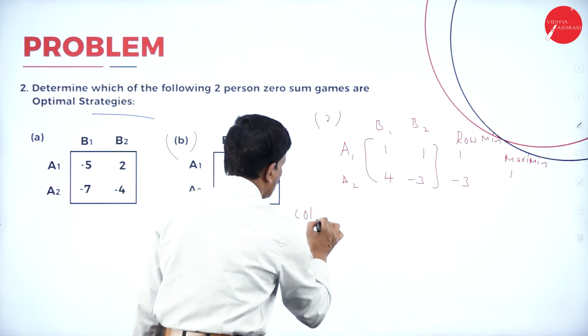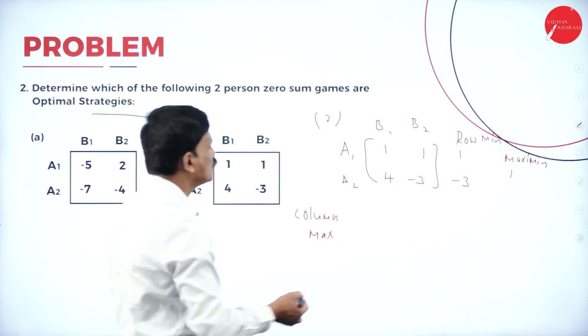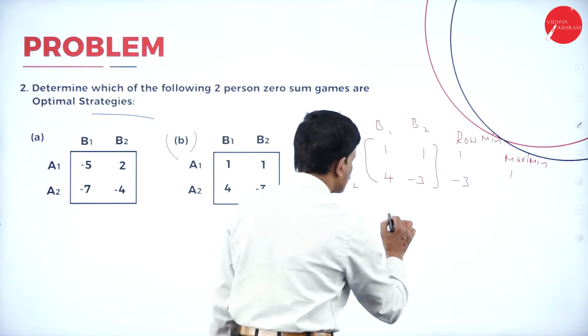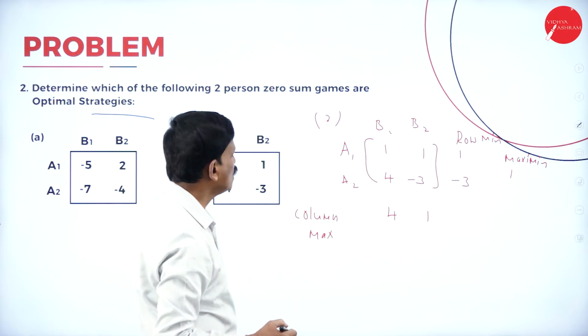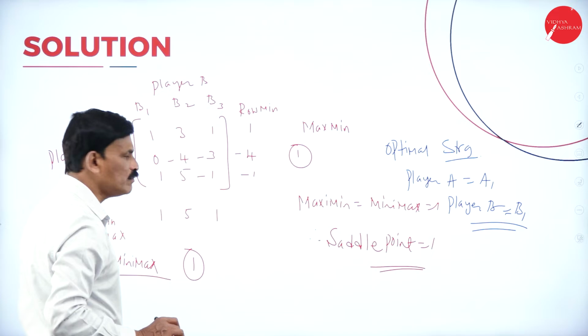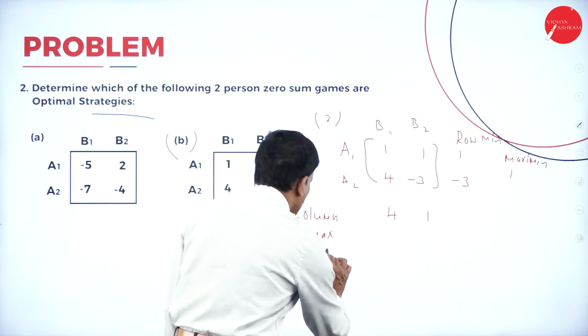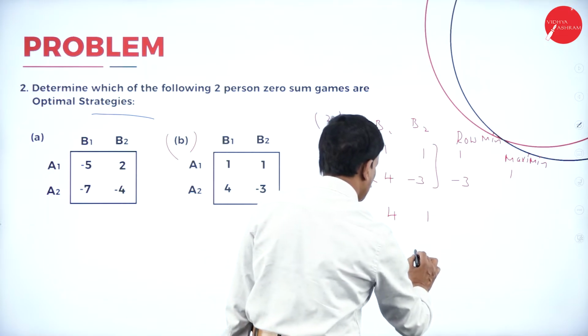Similarly, find the column maximum. The maximum value in the first column is 4, and in the second column it is 4. After finding the column maximum, we find the minimum of these maxima, which is called the minimax value. The minimum value is 1.